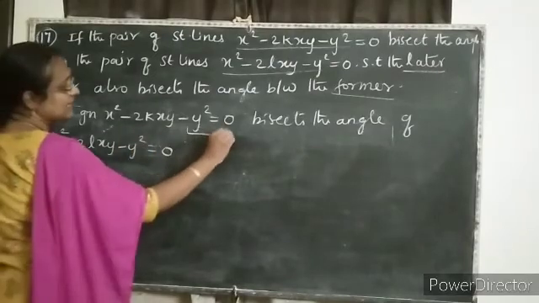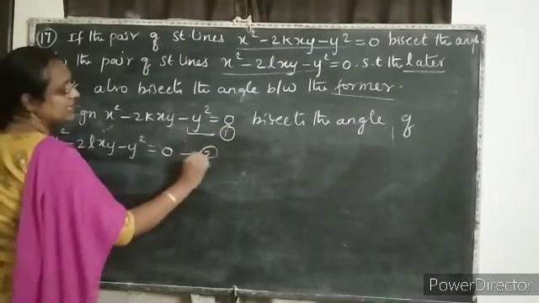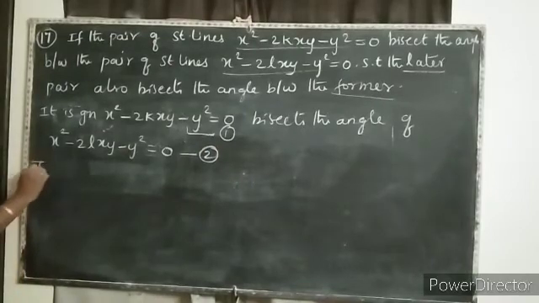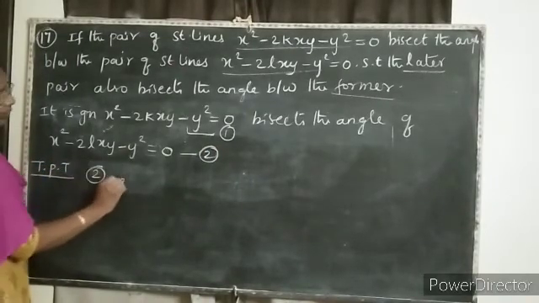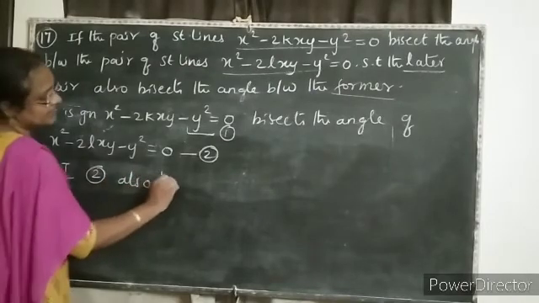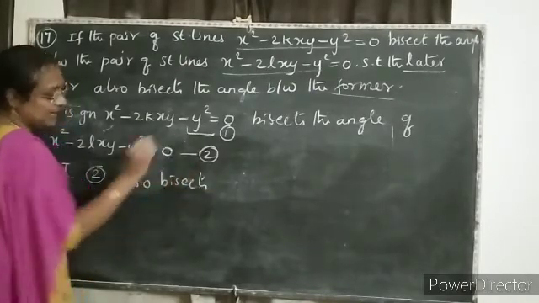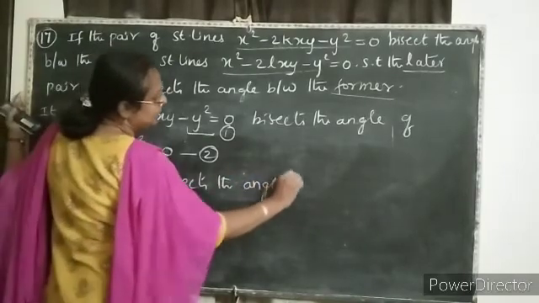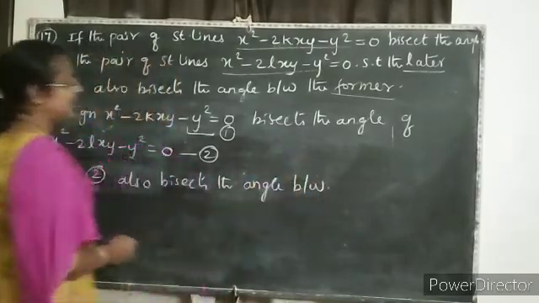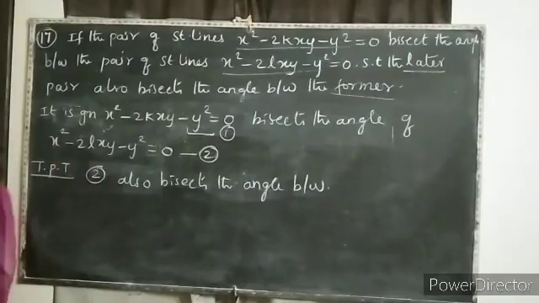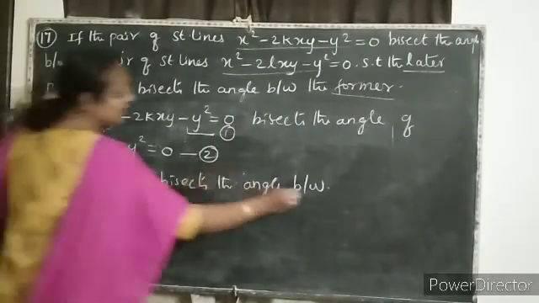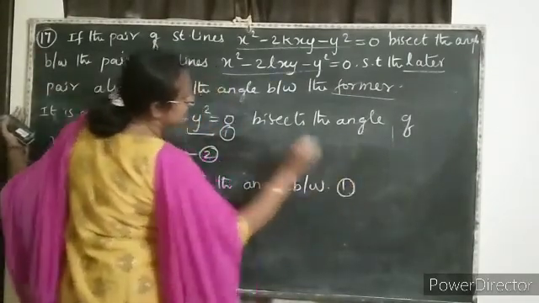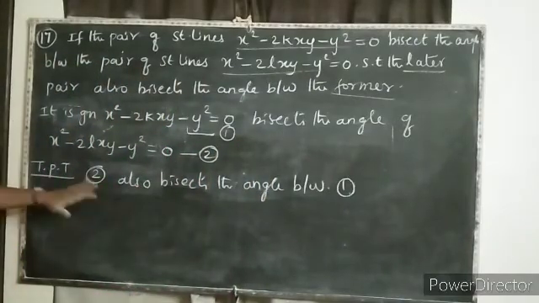So let's take this as the first equation and the second equation. Now we have to prove that the second equation also bisects the angle between the pair of straight lines of which equation? First equation we have to prove.